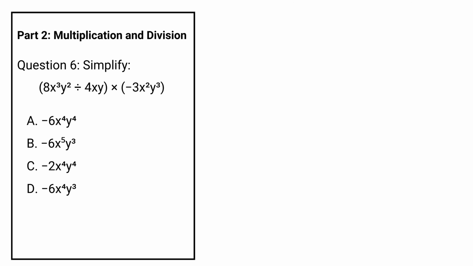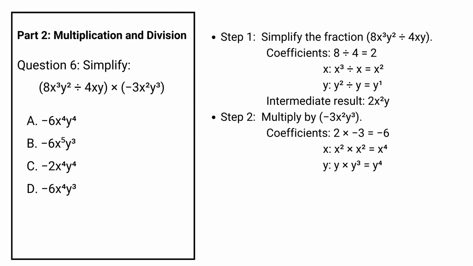Let's make it more challenging. Simplify. 8x cubed y squared divided by 4xy, then multiply the result by negative 3x squared y cubed. All right, first simplify that fraction. 8 divided by 4 gives 2. X cubed divided by x gives x squared, and y squared divided by y gives y. So now we have 2x squared y.